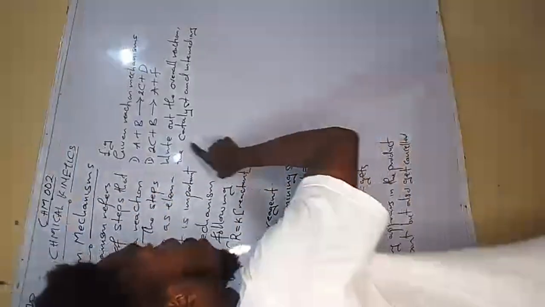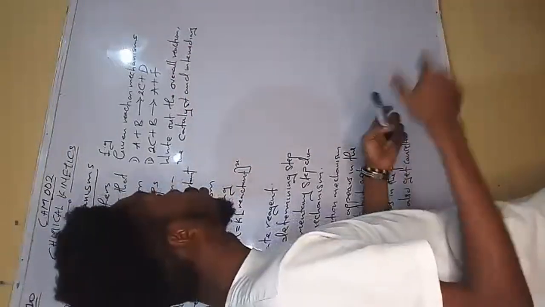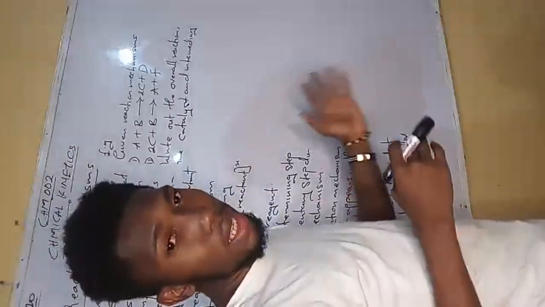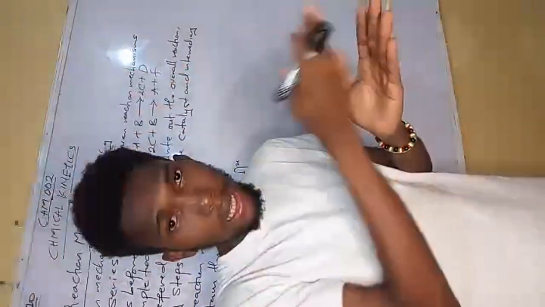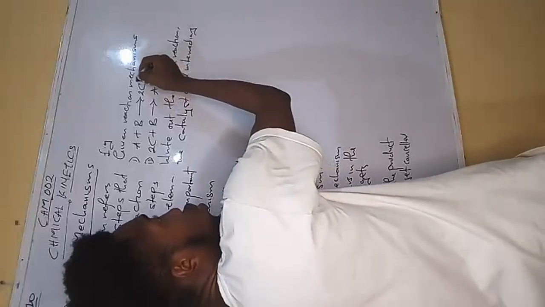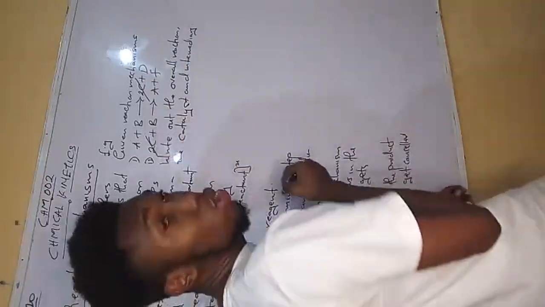Now the question here is saying write out the overall reaction. How do you do it? In this thing, we only cancel diagonally, either like this or like this. So what am I trying to say? In this reaction, this 2C, we cancel this 2C.